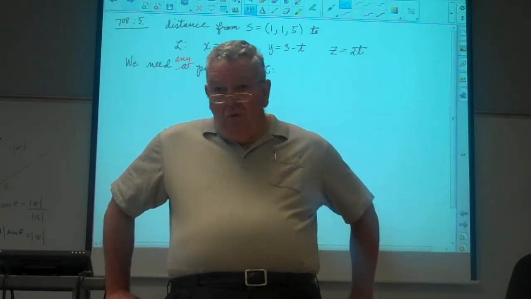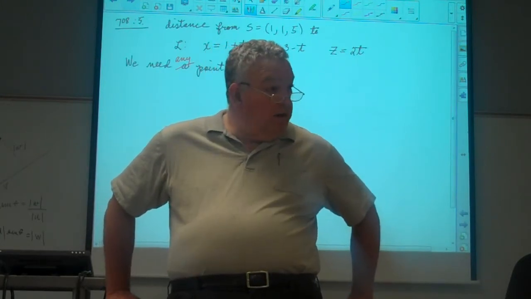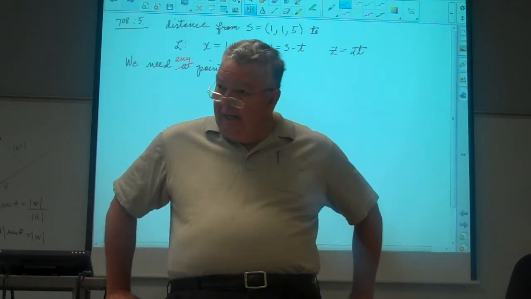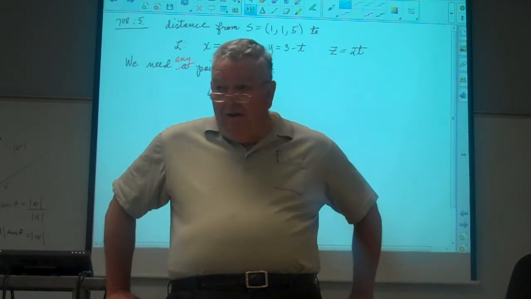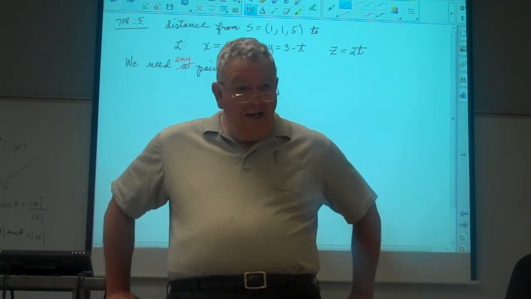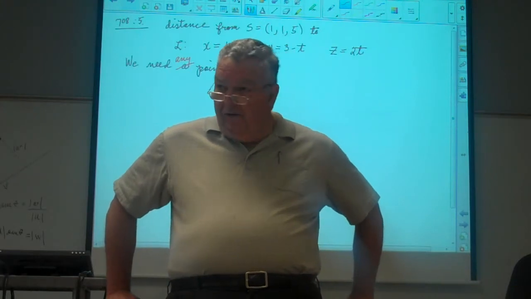But can't we get a whole bunch of points by letting t be a whole bunch of values? We don't need a whole bunch, we just need one. So we just pick a value for t.